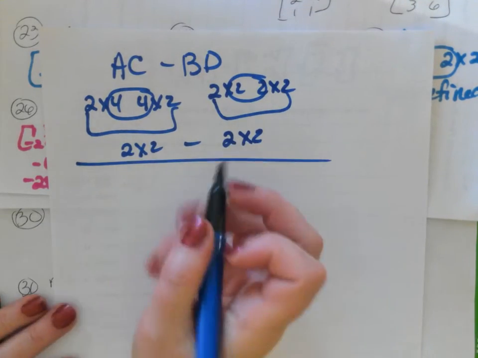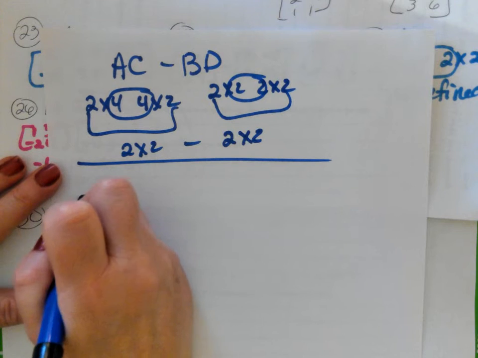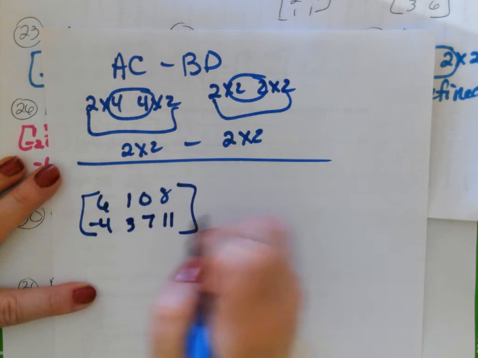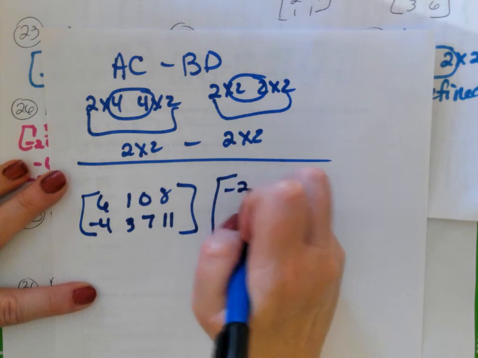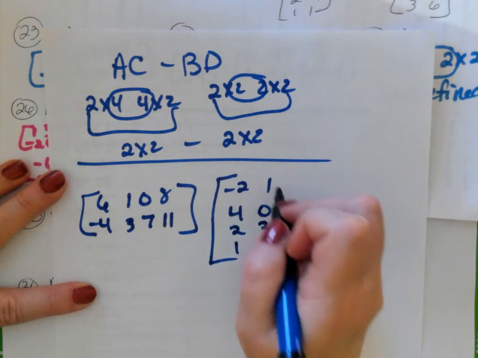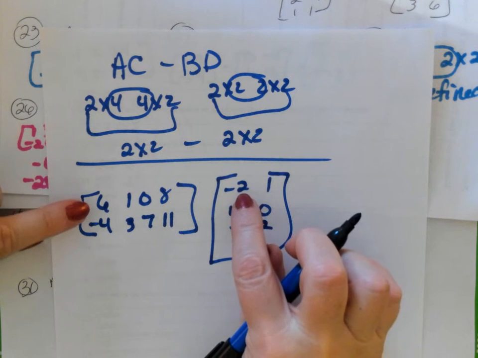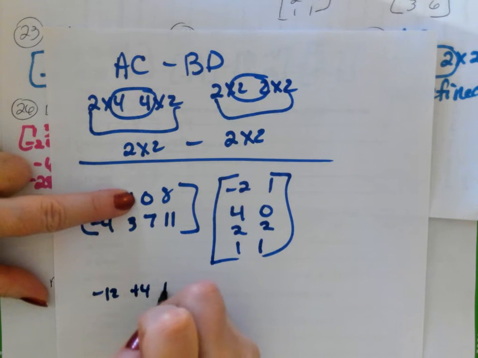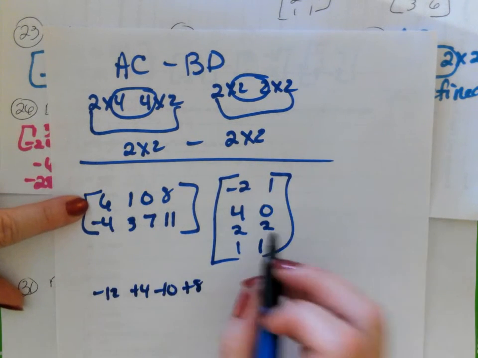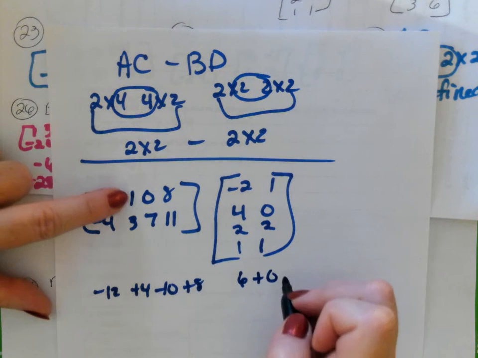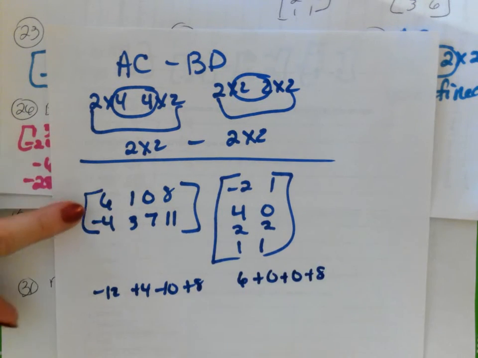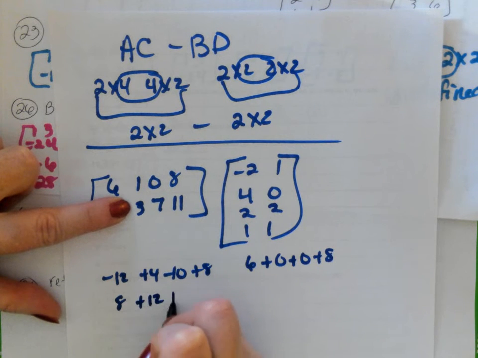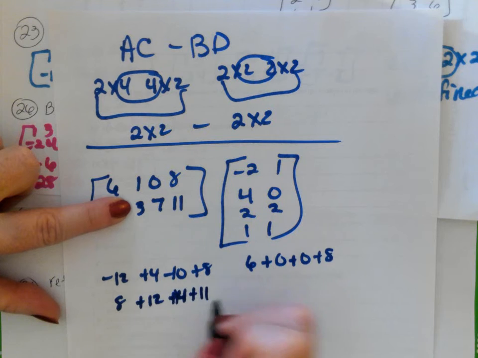All right. So AC. So A, 6, 1, 0, 8, negative 4, 3, 7, 11. Negative 2, 1, 4, 0, 2, 2, 1, 1. All right, so negative 12 plus 4 plus 0 plus 8. 6 plus 0 plus 0 plus 8. 8 plus 12 plus 14 plus 11.